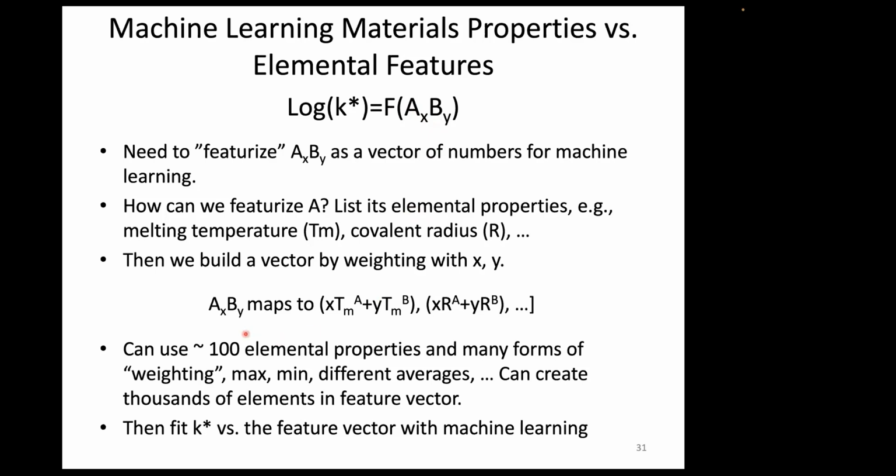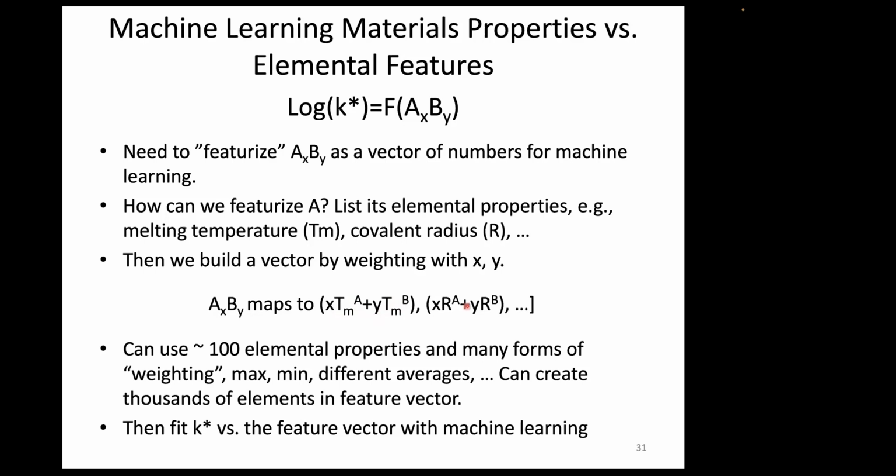So for example, I might take a compound AxBy, and I might create a vector whose first element is the melting temperature of A plus the melting temperature of B. That's the properties of the elements A and B, weighted by the composition X and the composition Y. So it brings in the information about composition X and Y, and it brings in information about the melting temperatures. That's information about the elements. So that number should tell me something about the alloy.